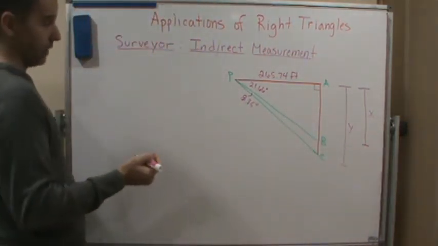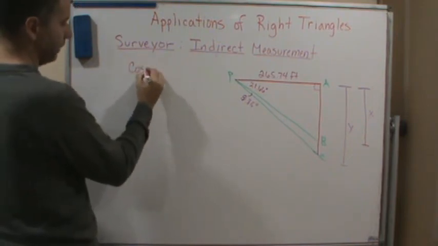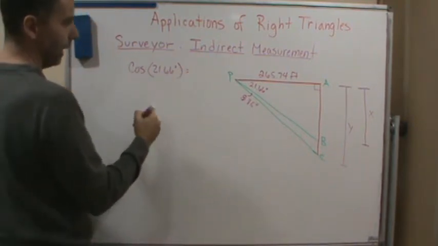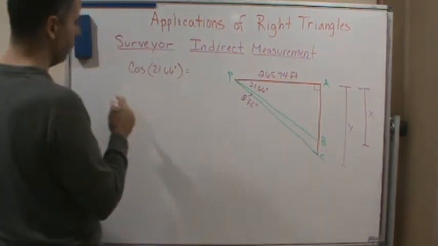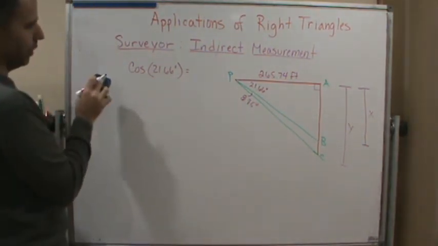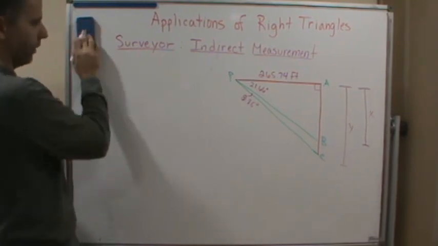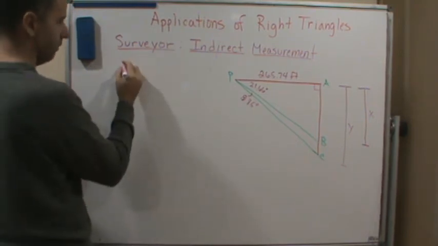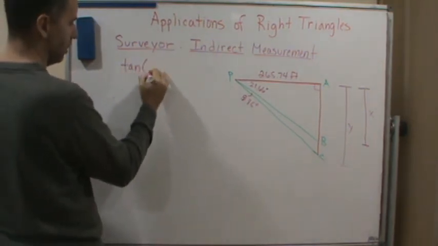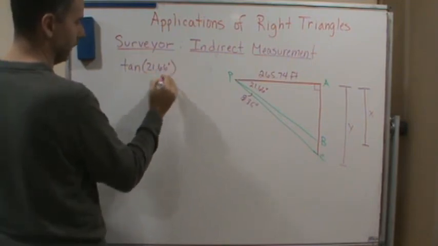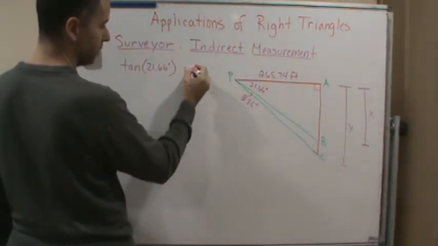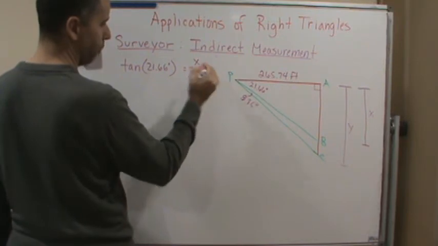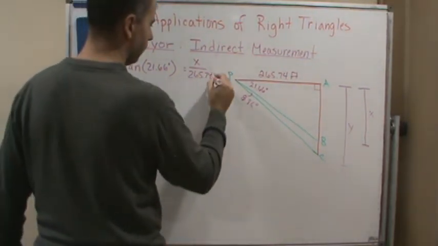So this is going to use cosine, right? Cosine of 21.66 degrees equals adjacent, oh wait, no, not cosine. I'm wrong. We've got opposite and adjacent, so this is going to use tangent. Tangent of 21.66 degrees equals opposite, which is X, over 265.74 feet.